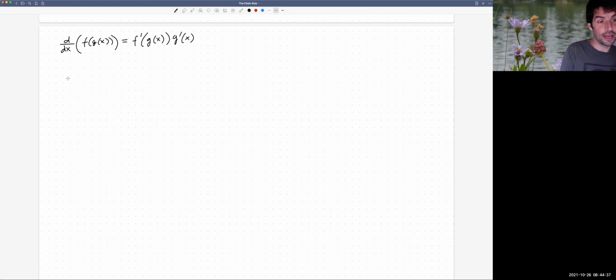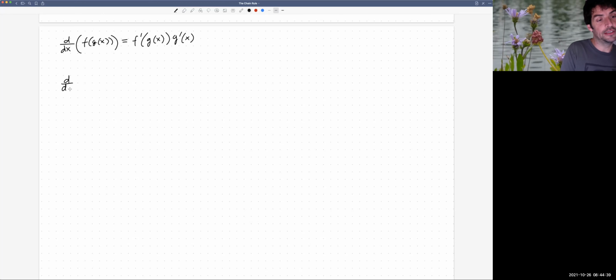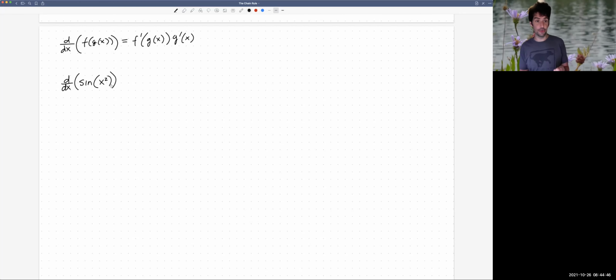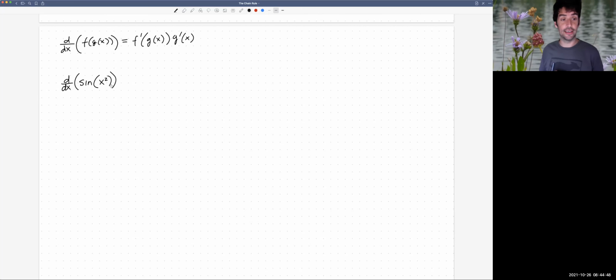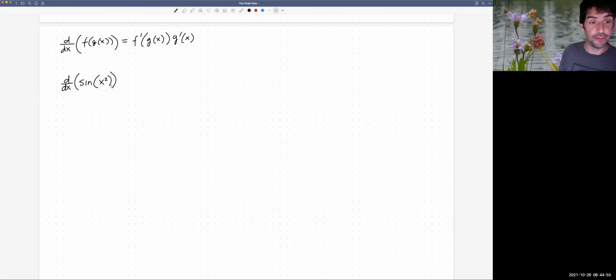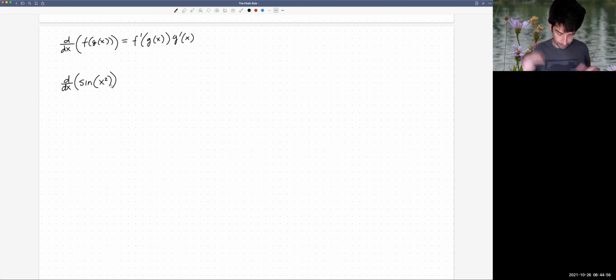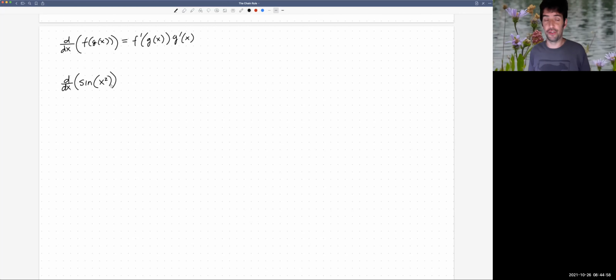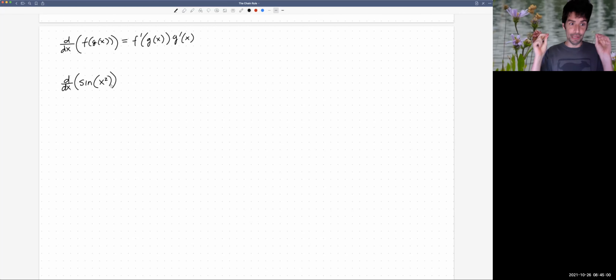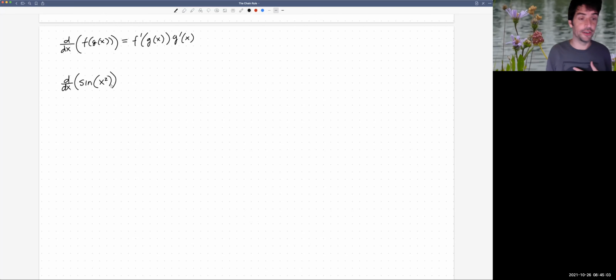Let's take this derivative, d dx of the sine of x squared, right? So I've taken x squared, put it inside the sine function. After a lot of practice, we might be able to do some of this very quickly, almost in our heads, but let's really organize here, okay?